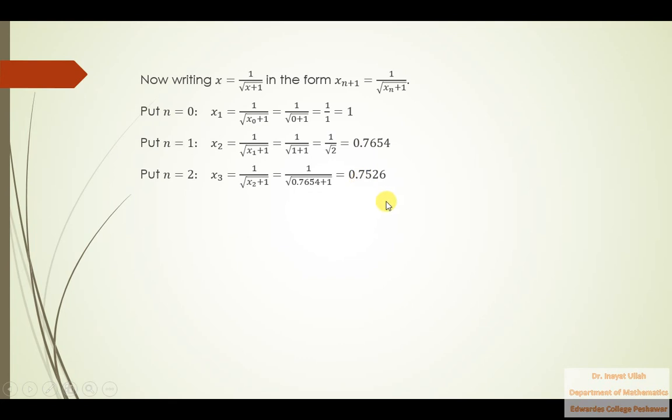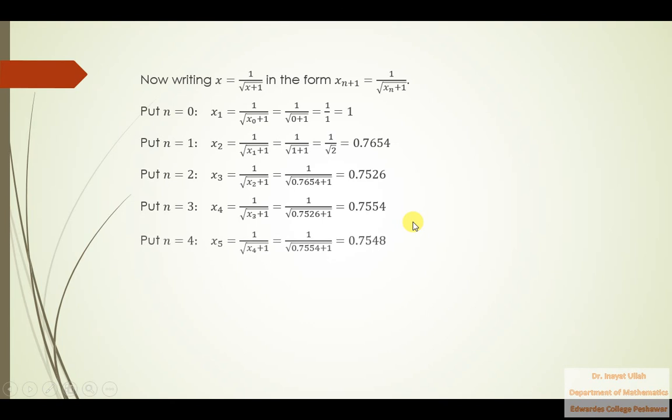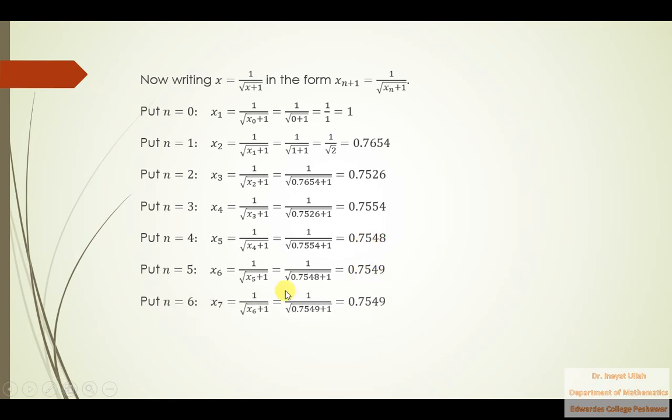So we will check for two consecutive values of x that are equal to each other up to 4 decimal places. In the same manner, calculating x4, now x4 and x3 are equal to each other up to 2 decimal places. Then x5 and x4 are equal up to 2 decimal places, and x6 and x5 are equal up to 3 decimal places, and whenever we put n is equal to 6 in this equation, we will get x7 is equal to 0.7549.